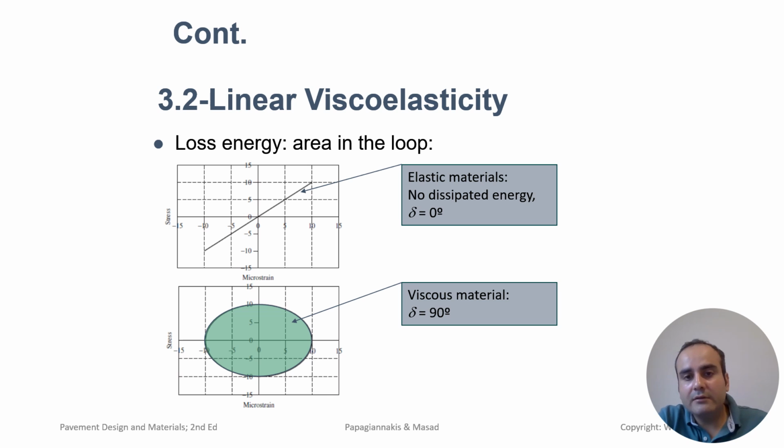We already know that for elastic materials, there is no dissipated energy and delta equals 0 degrees. For viscous materials, delta equals 90 degrees and loss energy is the area in the loop.